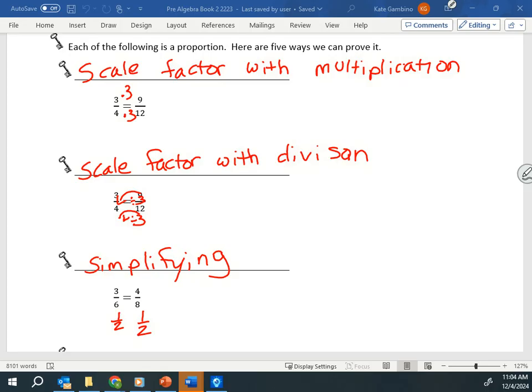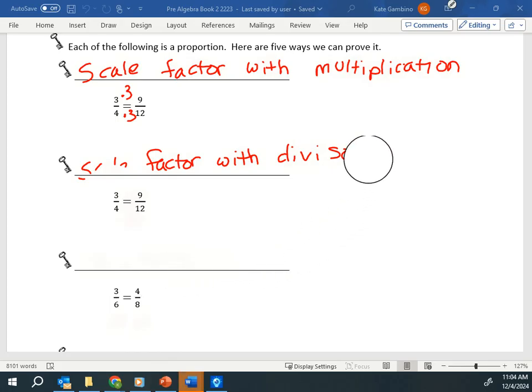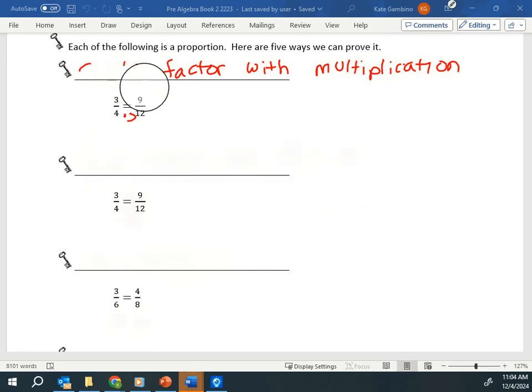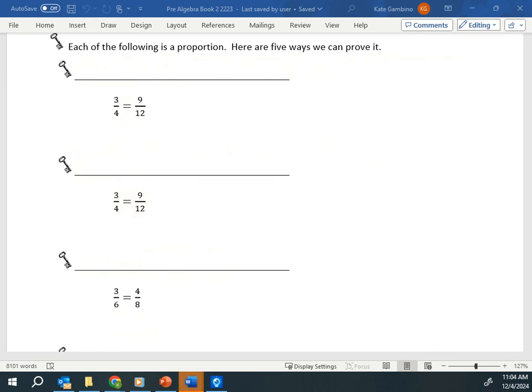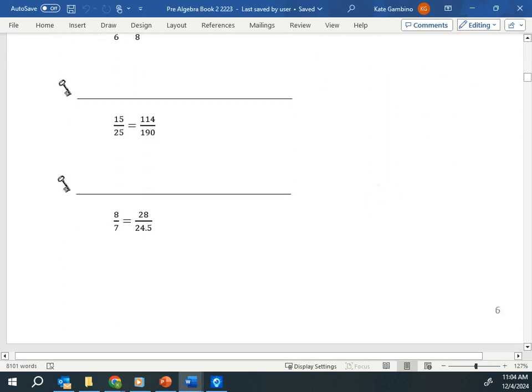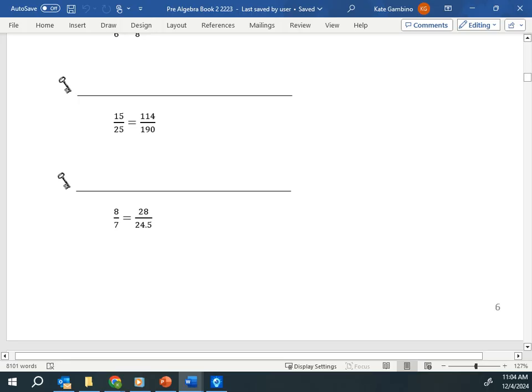Okay? Now, the next 2. This is not easy, trying to erase this. We have cross products and decimal values.